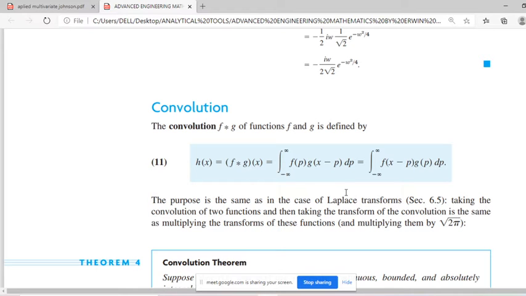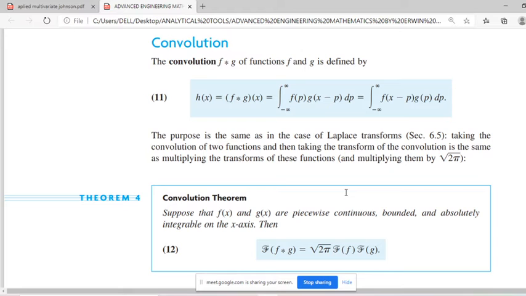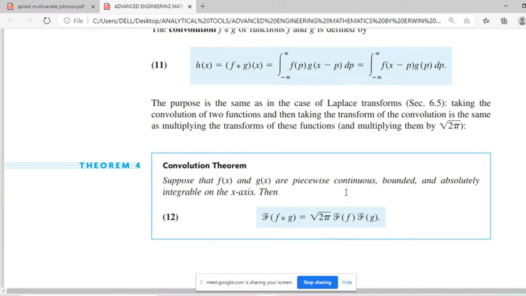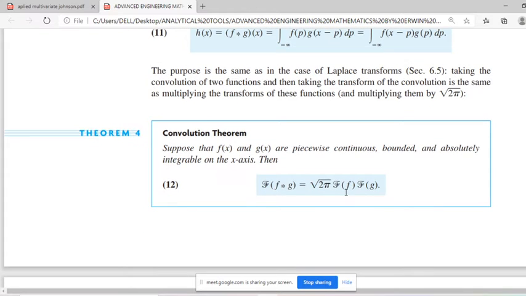Okay, so this is the usual formula for convolution, and moreover, let us consider this theorem.